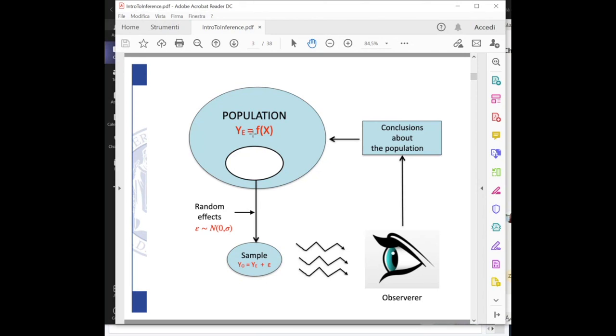So how do I pass from YO to YE? This is the task of statistical inference. Right? So this is my first step for today.